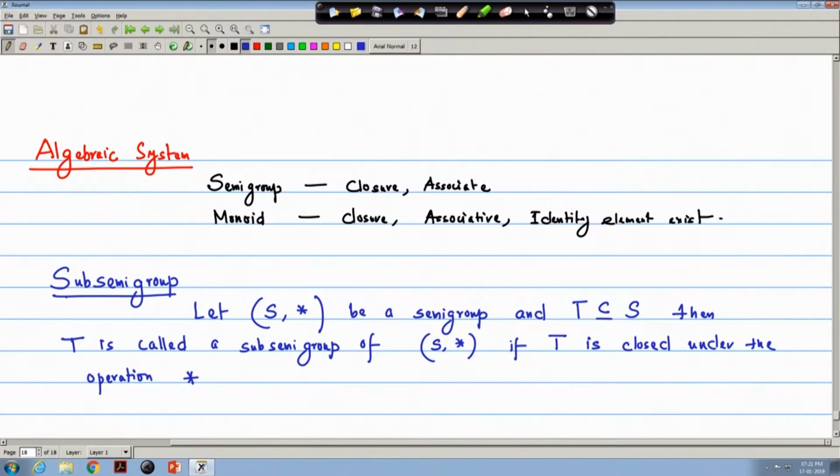So, as the name is sub semigroup, we are only taking one subset of S, and the only condition is that this subset must be closed under the operation star.